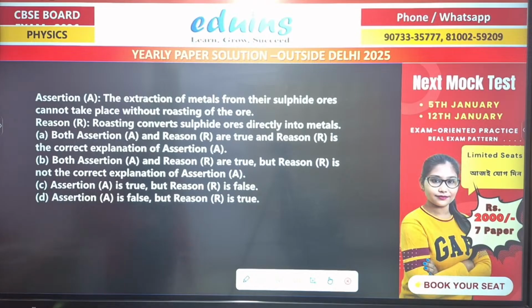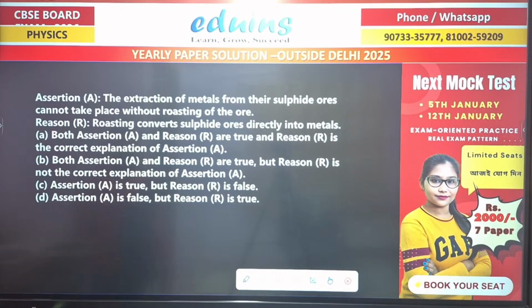Option A is both assertion and reason are true, and reason is the correct explanation of assertion A. Option B states both assertion and reason are true, but reason is not the correct explanation of assertion A. Option C states that assertion is true, but reason is false.